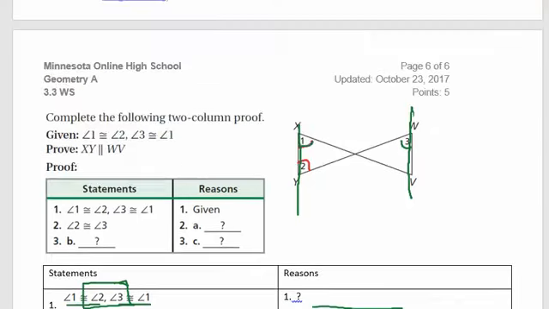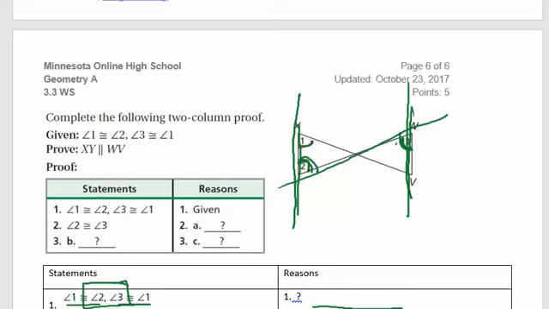If angle 2 is congruent to angle 3, what kind of angles are these? Here's your lines that you're trying to prove parallel, and you've got these two. So here's your transversal. You need to figure out, are these corresponding? Are they alternate interior? Are they alternate exterior? Or are they same side interior?